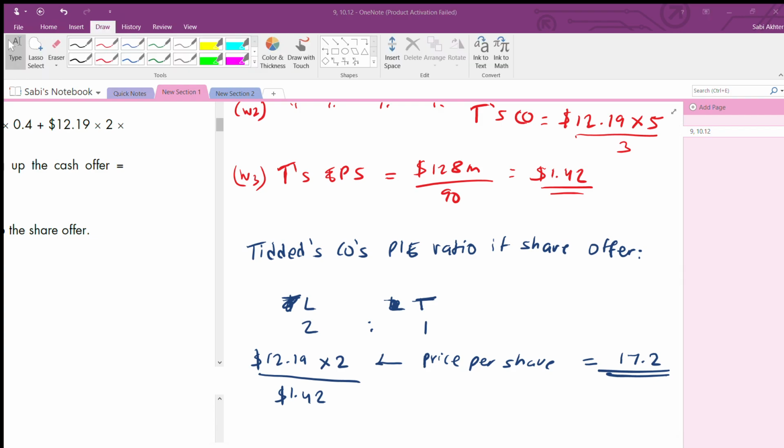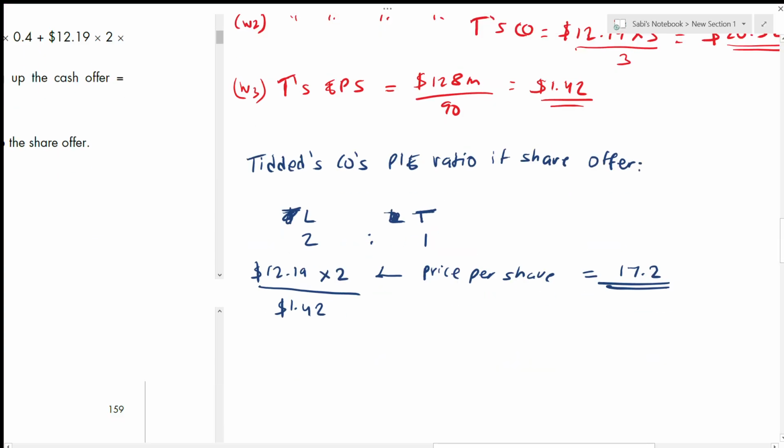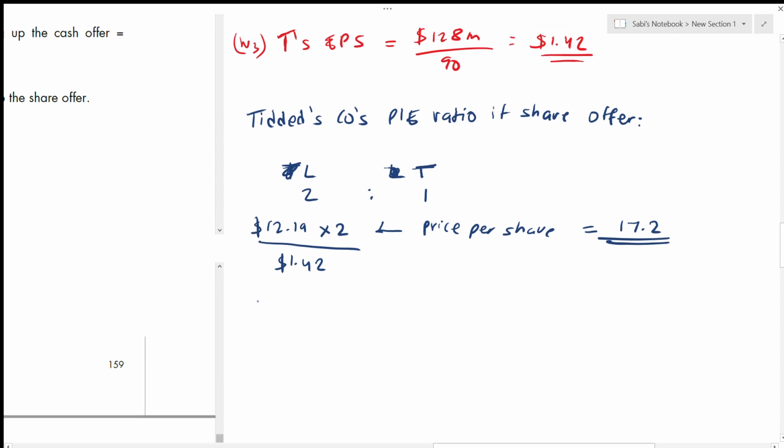Which color should I use? Purple? Okay, let us use purple. So T company's PE ratio, right?